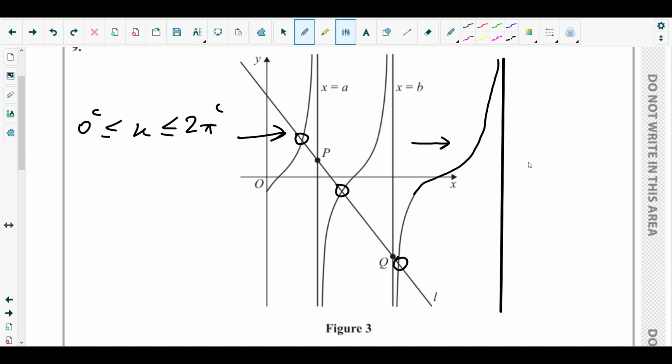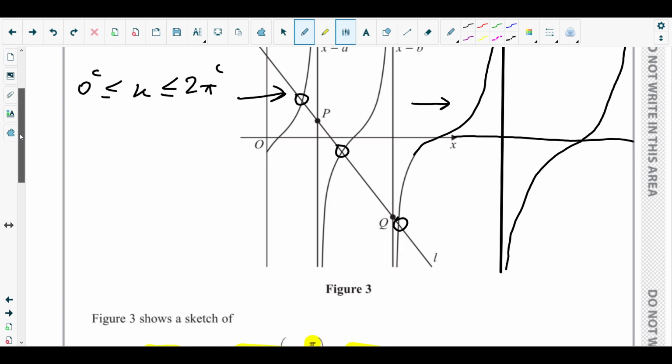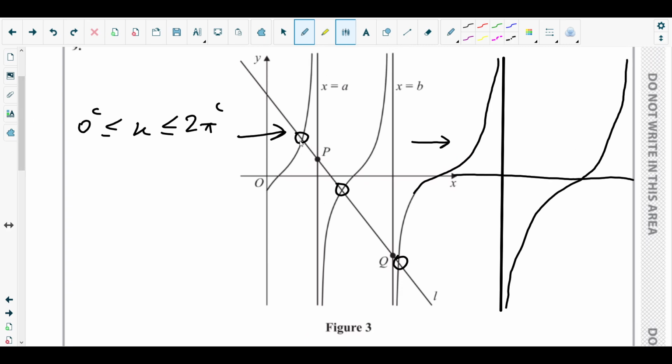No. It will be just on the negative y-axis. After the asymptote the curve will start again from the asymptote, and you will only have the part of the curve on the negative y-axis. So that's why this positive intersection will be available only within this interval. In the next intervals you will have only the negative intersection points.